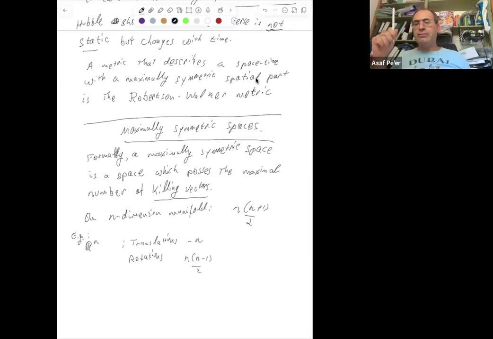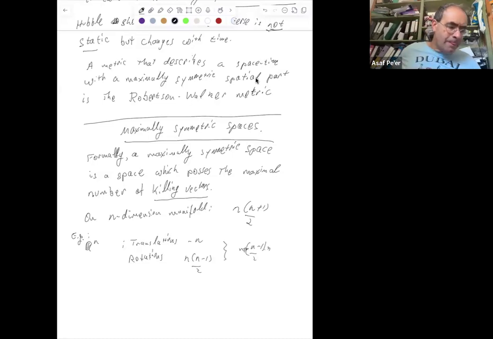For each dimension n, I can do n minus 1 rotations, and divide by 2 because I don't want to double count. I can do a rotation around the x-axis, in the y-z plane, also the z-y plane, so I don't want to overcount them. So overall, n plus n(n minus 1)/2 is n times (n plus 1) over 2, right?